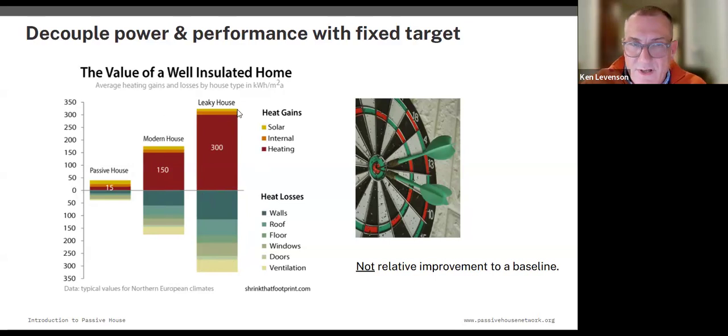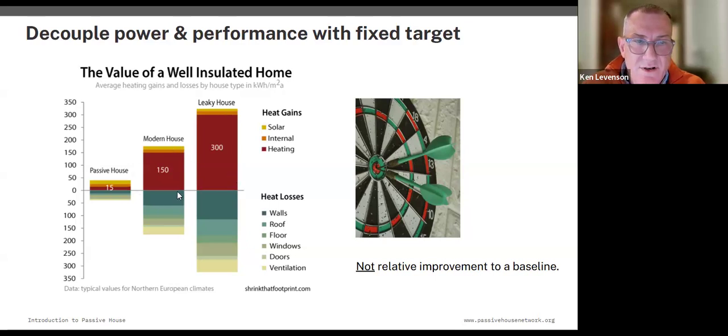You're going to have some solar gains, some passive solar. You're going to have internal heat gains from the people, the equipment, our pets, whatever it might be, and lighting. And then we're going to have to make up the rest with an active heating system. In a typical leaky house, it's quite a lot. It's quite out of balance.